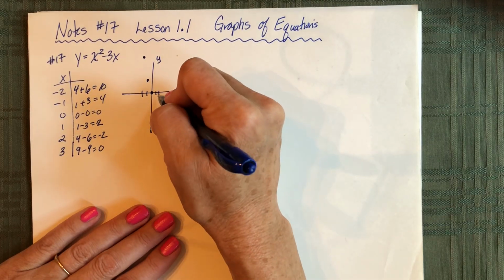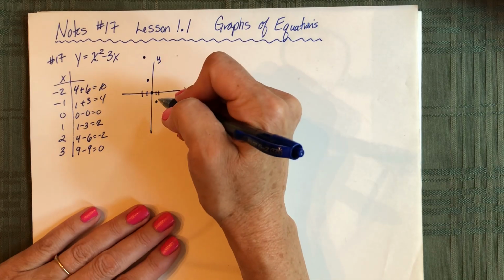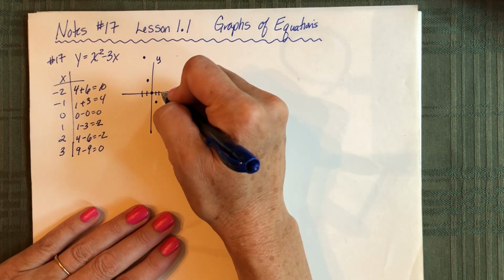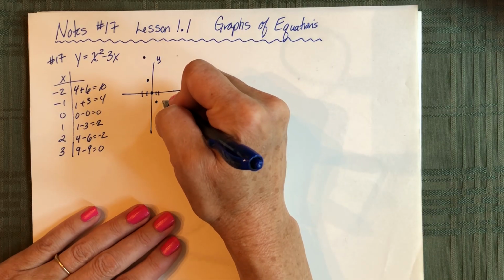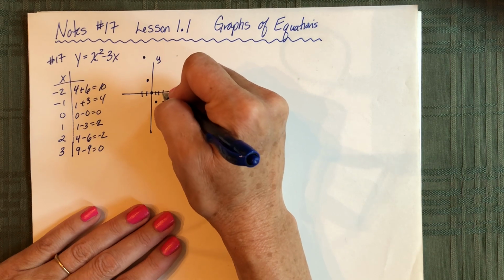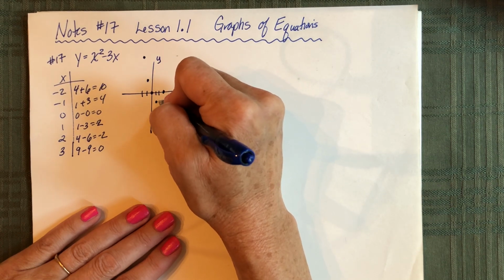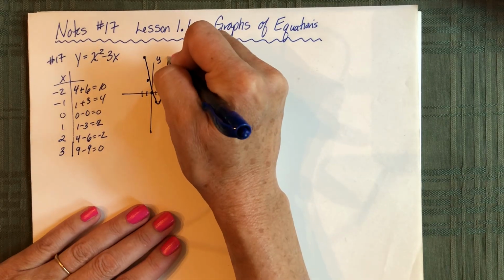I'll have 1, -2, which would be here. I have 2, -2. That would be here, right? And then 3 would be back here. So anyway, I'm going to have this graph where it's going to cross through and go up like this.